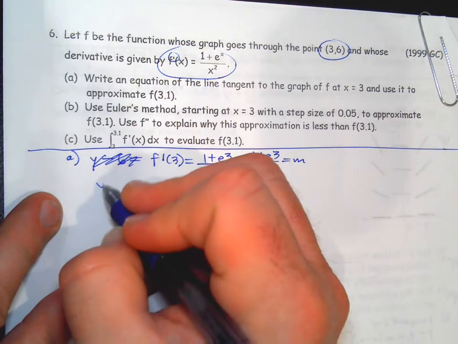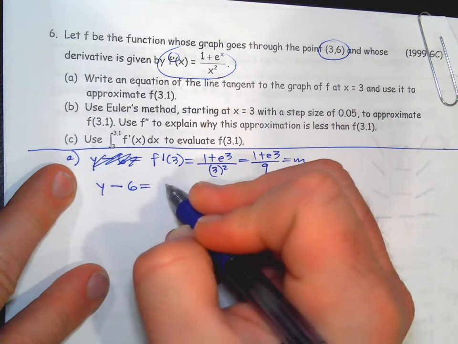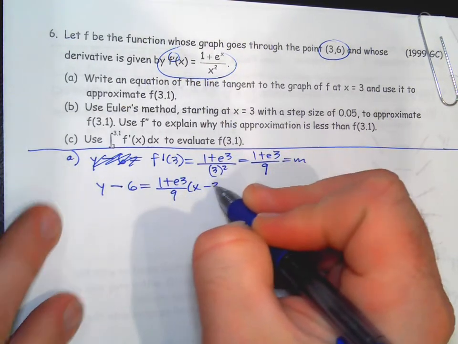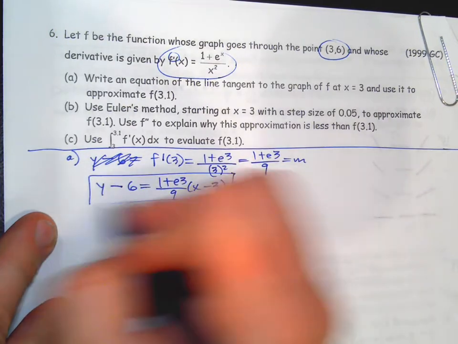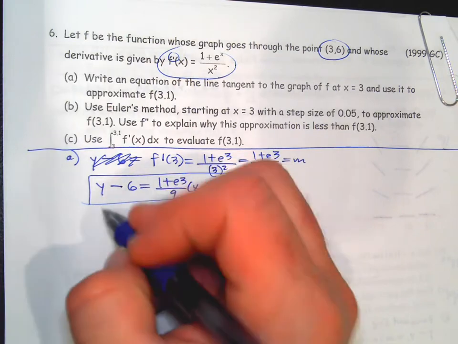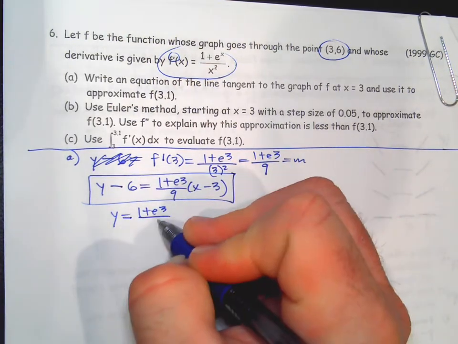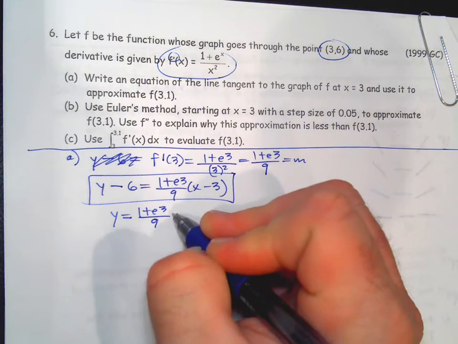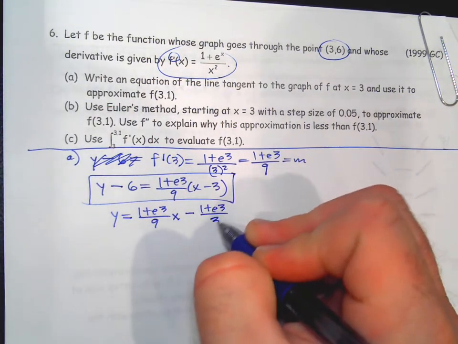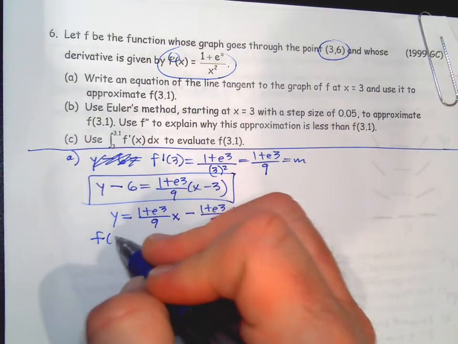And so then your equation would be y minus 6 equals 1 plus e to the third over 9 times x minus 3. So that's the equation of a tangent line. That's good enough. And we're going to use it to estimate f of 3.1. So, I mean, you could distribute this and then plug 3.1 in.